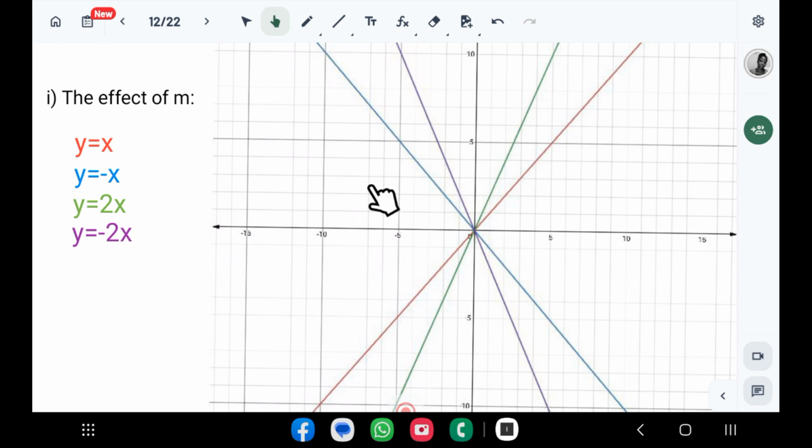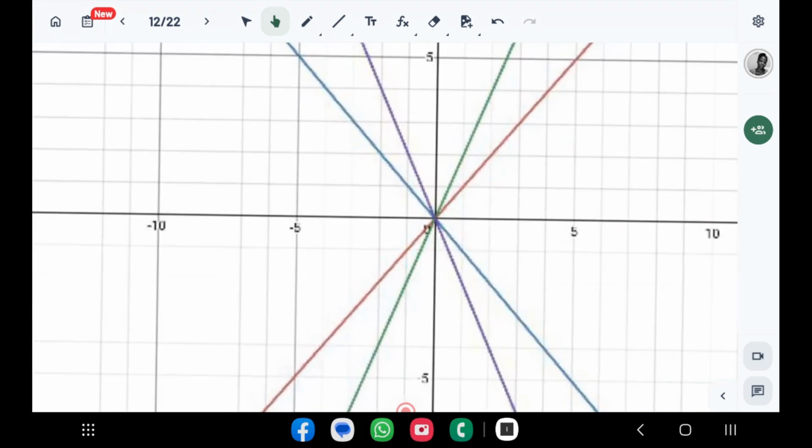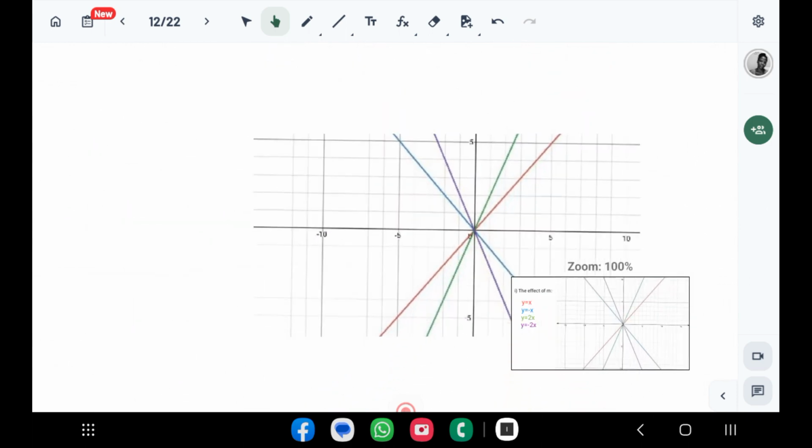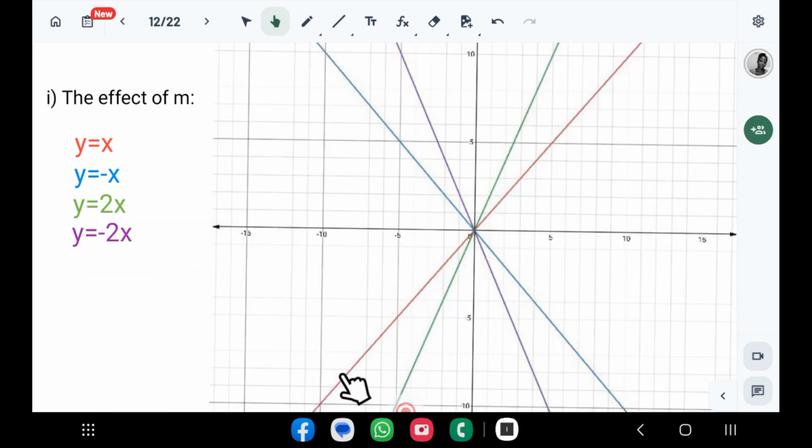Now what happens when your y equals minus x? In other words, your m is negative 1. You get the same graph, which is blue, but it slopes to the other side. It slopes to the left. So your red graph with a positive gradient slopes to the right. All those with positive gradient will slope to the right. All those with negative gradient will slope to the left. Now what happens when your y is 2x? In other words, your m is multiplied by 2.